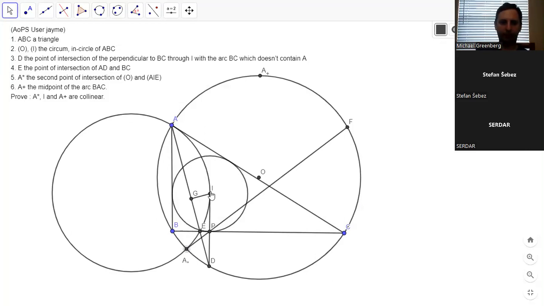So we drop the perpendicular from I to BC and it meets the circumcircle at point B, and then we let AB intersect BC at E. And then basically if we draw the circle AIE, we want to show it meets the circumcircle at the mixtilinear incircle tangent point. So yeah, the way they phrase it in the problem is prove that I and this are collinear, but that's the same thing.